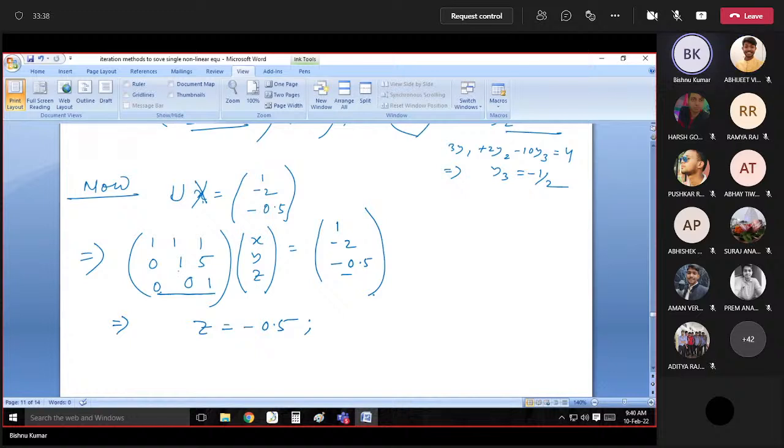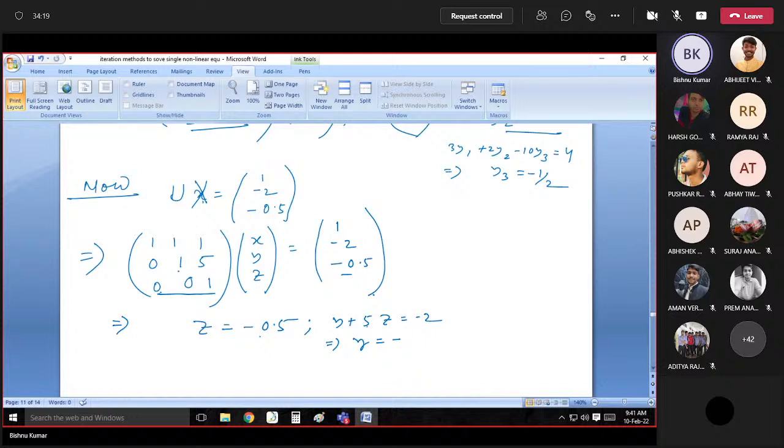So actually y plus 5z equals minus 2. What is y? Minus 2.25? I think it will be simply half. You just try to calculate. Z is minus half.